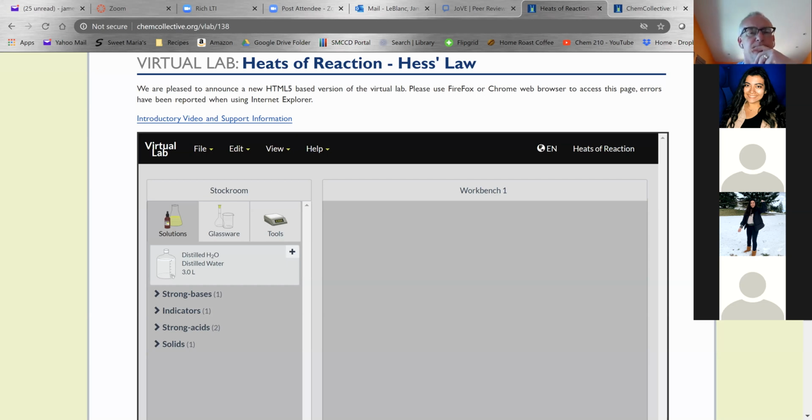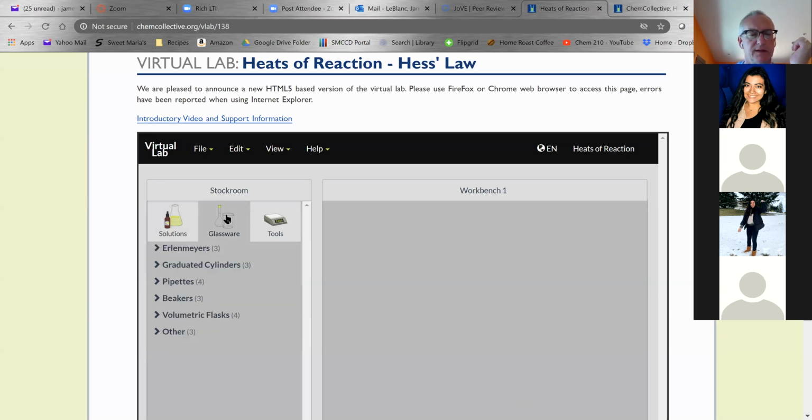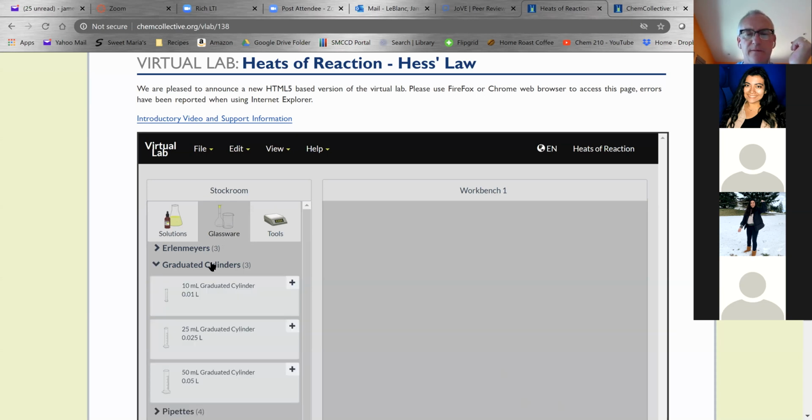It says we're going to take out a 50 ml graduated cylinder and a foam cup. So we're going to go to glassware, take out graduated cylinder, 50, there we go, and a foam cup.